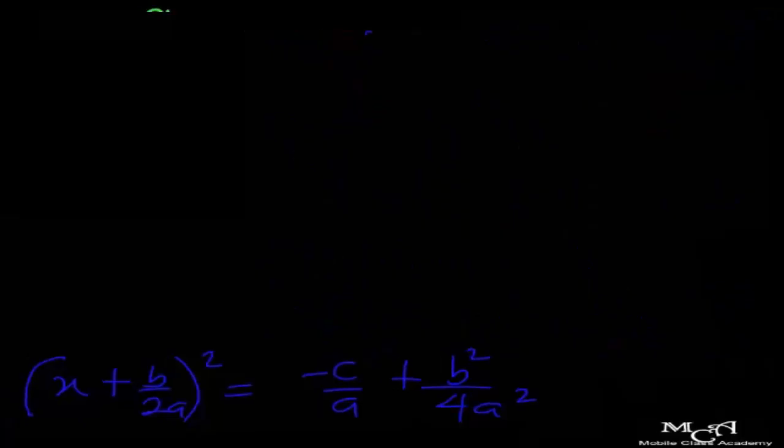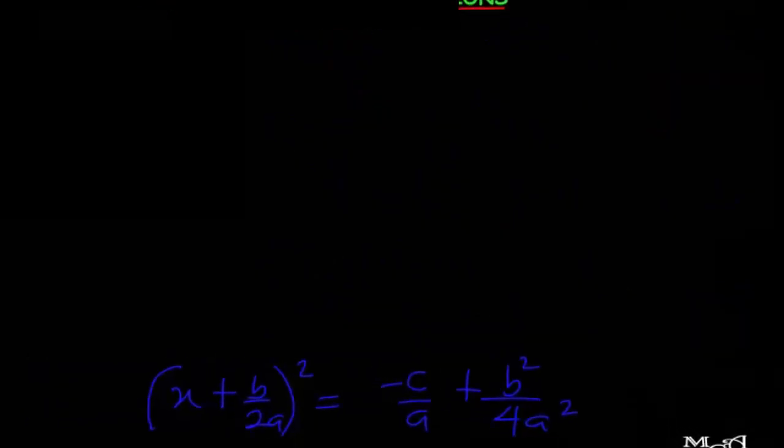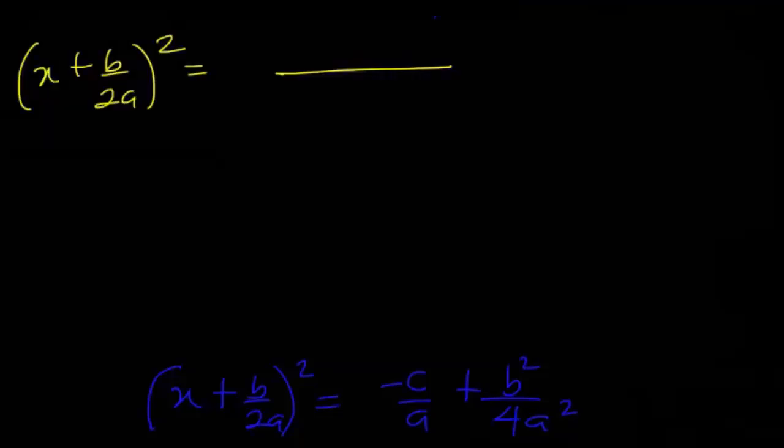From what we got here, this is x plus b over 2a all squared is equal to what? Now let us take LCM. The LCM of a and 4a squared is what? It is 4a squared. So a in 4a squared is what? It is 4a.